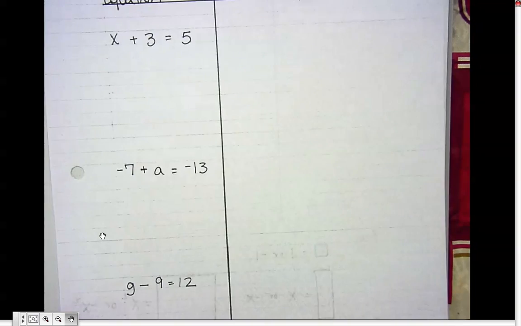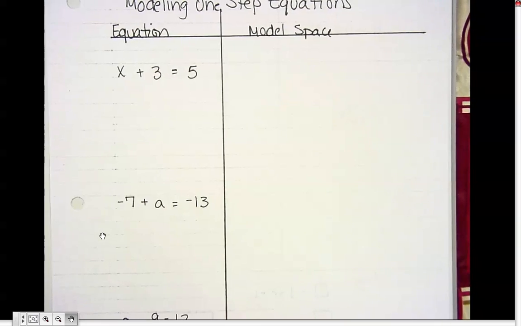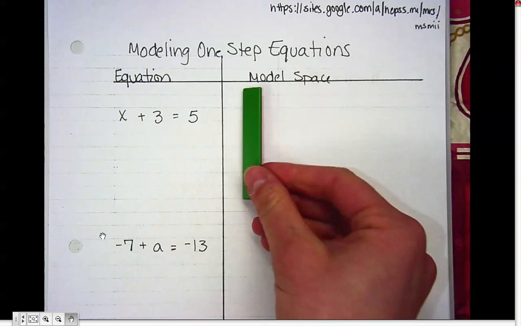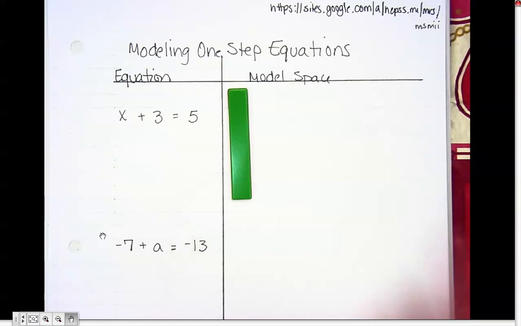So let's go back to the front, and we are looking at x plus 3 equals 5. Let's set that up. We don't know what our x is going to be, so I'm just going to do this. This represents my x, and then I'm going to add 3 positives.